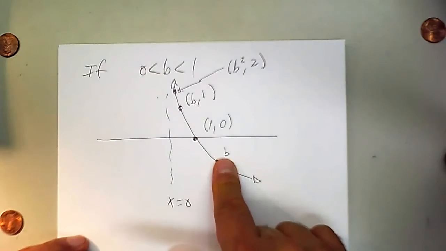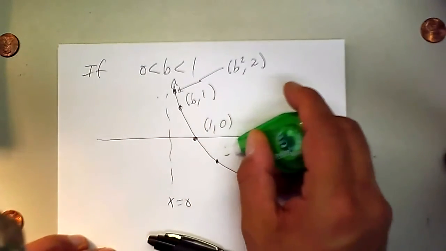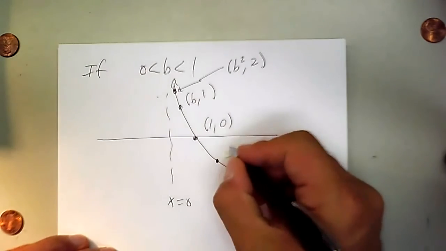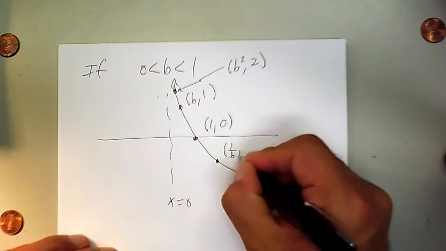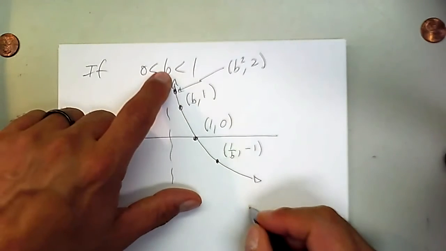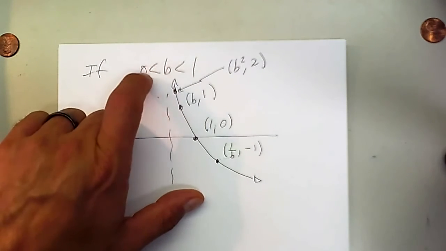So what is this number then? Let me erase it. There we go. So it is (1 over b, negative 1). Because if b is small, remember, I label a number to be small if it is between 0 and 1.